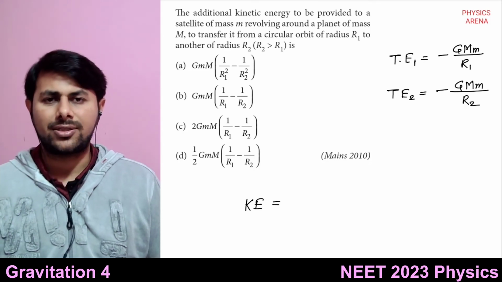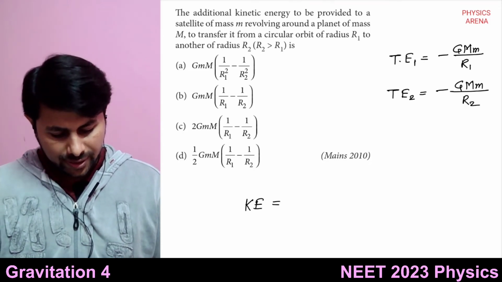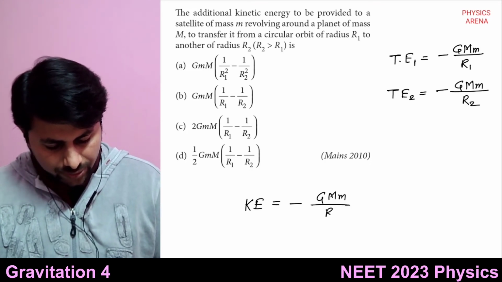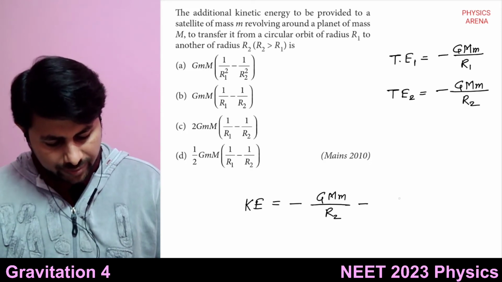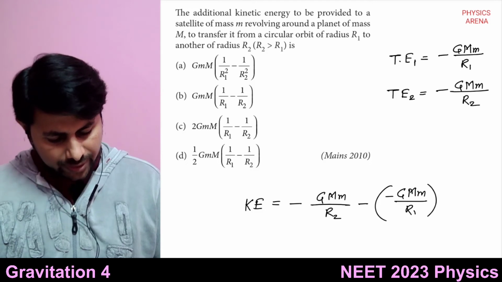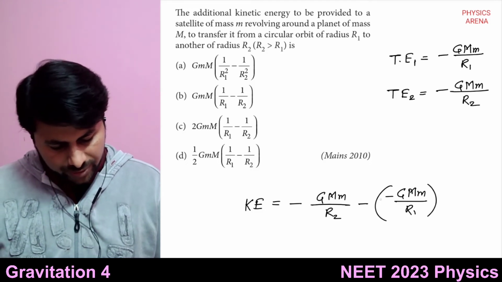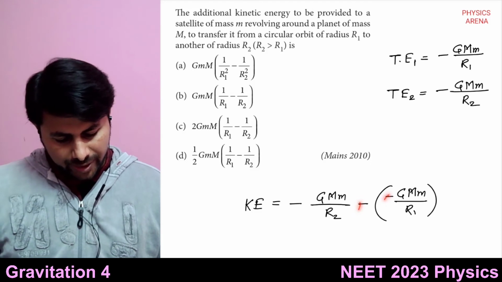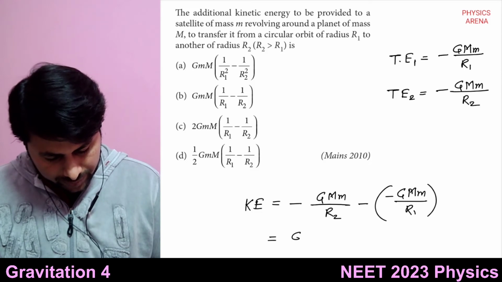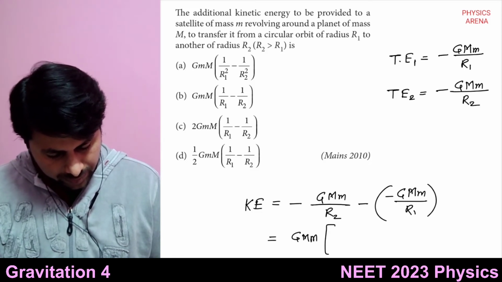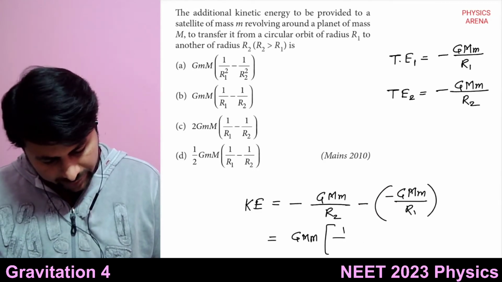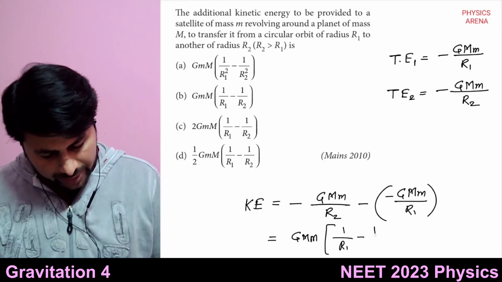It is final total energy minus initial total energy. So it is minus GMm upon r2, the final total energy, minus of minus GMm upon r1. This minus minus becomes plus, so you can take GMm common, and you can write it as 1 upon r1 minus 1 upon r2.